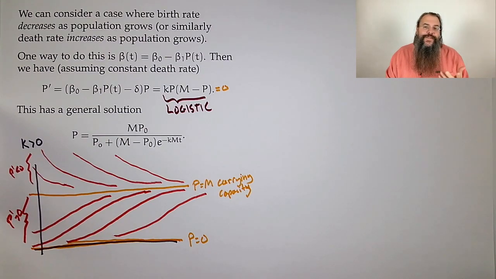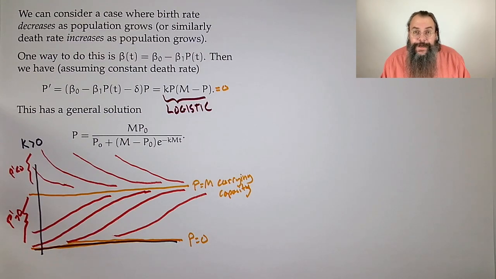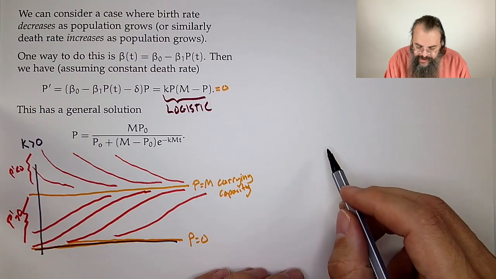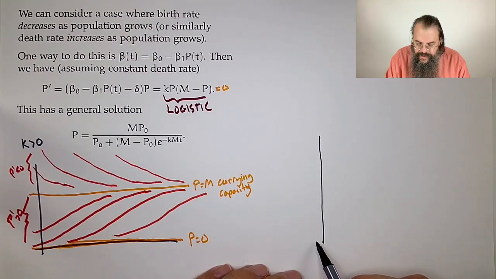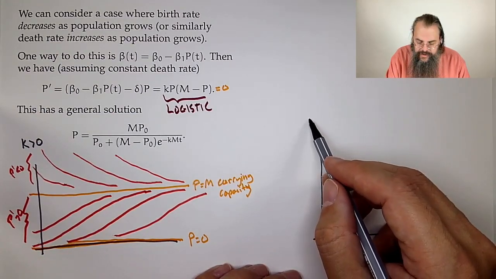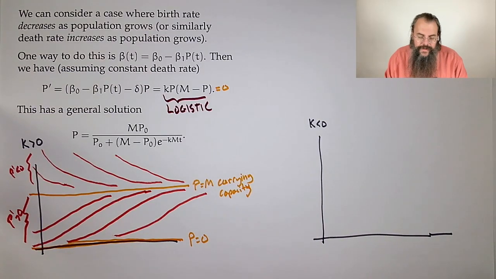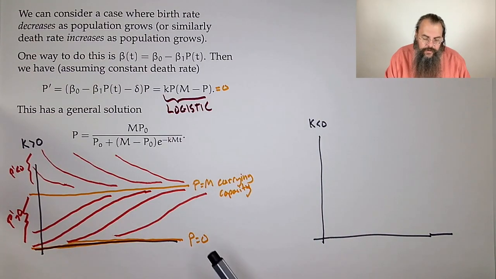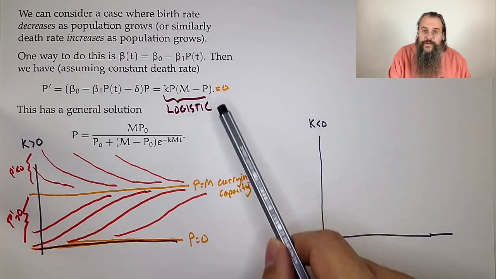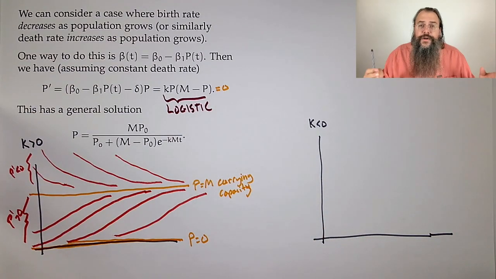Okay, so that supposes that K is positive, but what would happen if K were negative? Yeah, we can ask those same questions, right? And so let's take a look and see what comes out. So here is the K negative. Now, as before, we can ask, well, when does this equal 0?